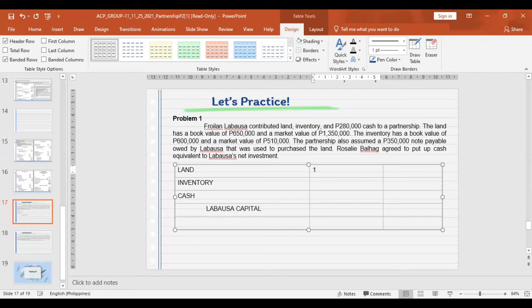So, recognition siya. Then yung inventory naman niya, yung book value is 600, pero yung market value is 510,000. So, recognition siya. Then yung cash, 280,000.